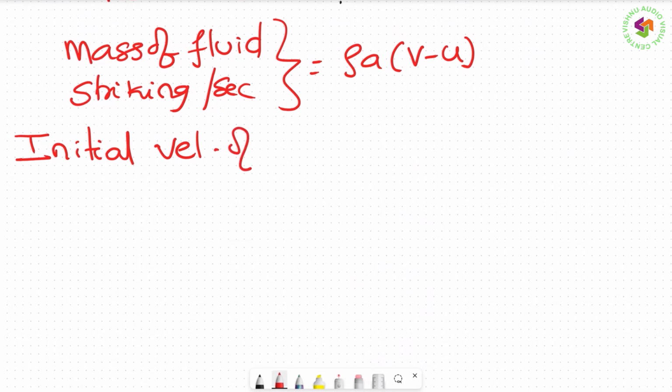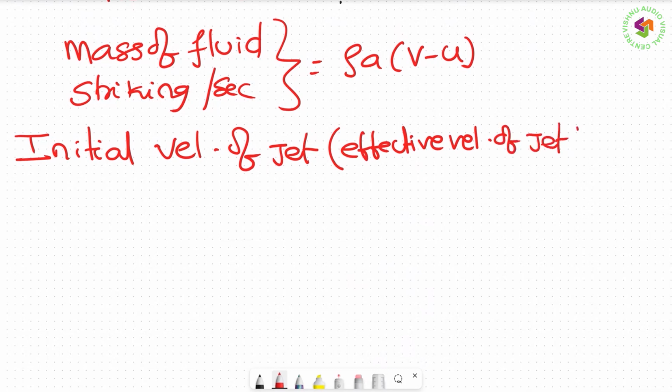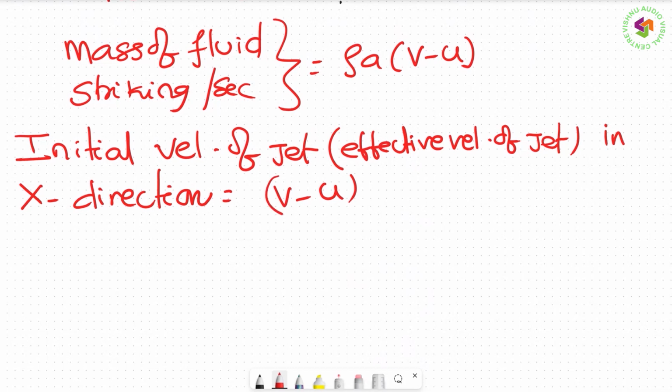Initial velocity of jet means effective velocity of jet in x direction, which is equal to V minus U. After striking, the jet leaves tangentially.